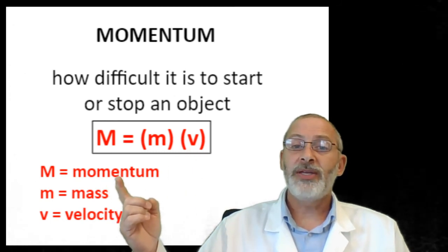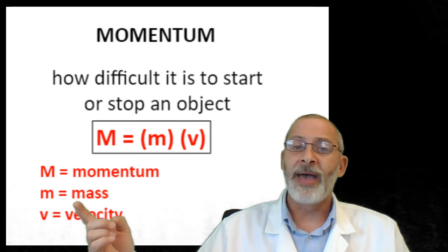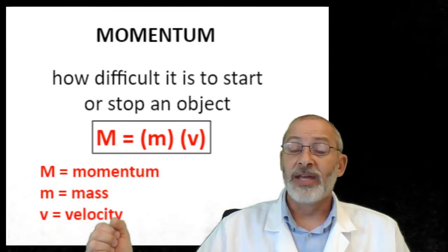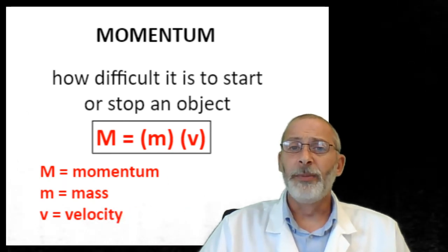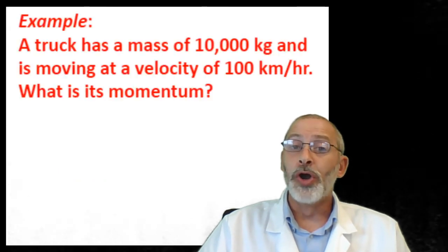So uppercase M stands for momentum, lowercase m stands for mass, lowercase v stands for velocity.